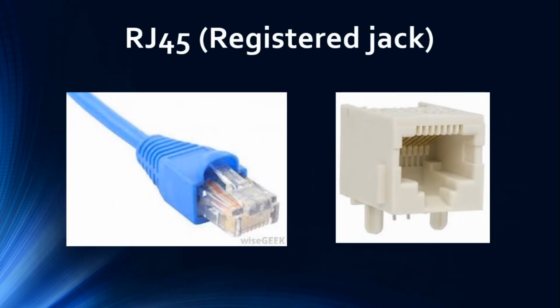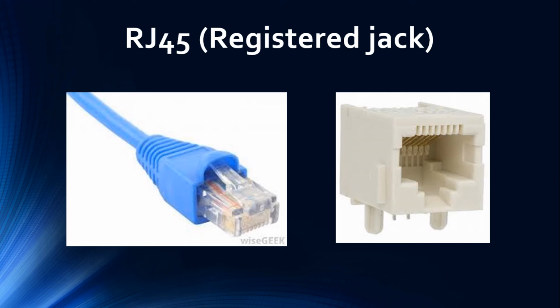Your RJ45, which is called a registered jack, is basically used for one thing, and that is internet. It is used to connect internet to the computer. Whether you're using a laptop or a desktop computer, the RJ45, once it's connected, provides internet to that computer.